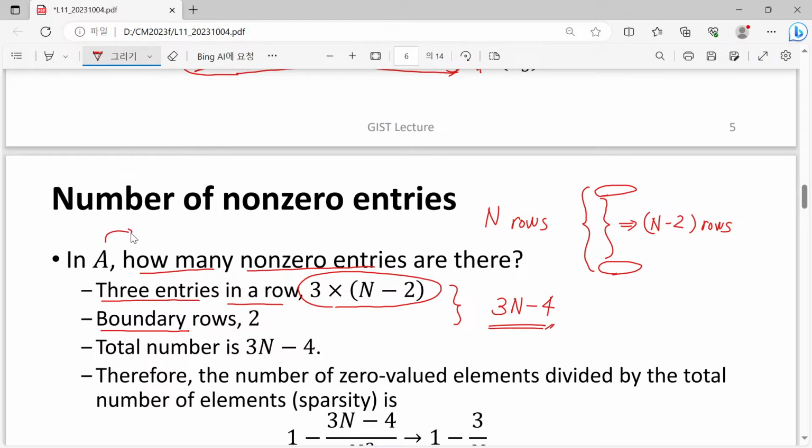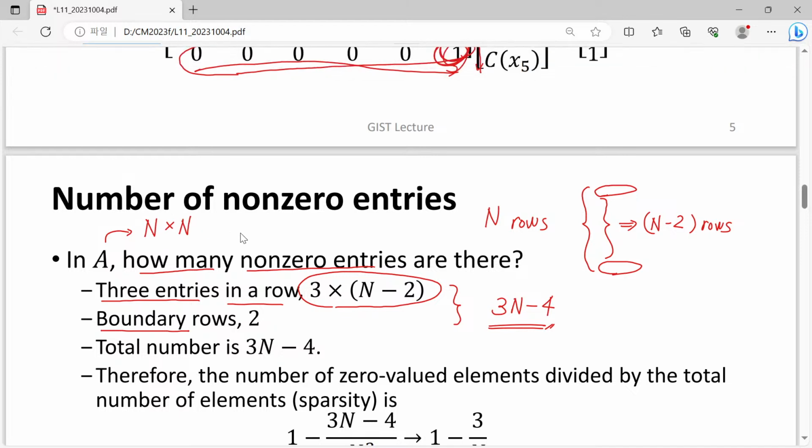If you remember, the size of the matrix A is n by n, so in principle we can have n squared entries inside this matrix. However, in reality, we have only 3n minus 4 non-zero entries.